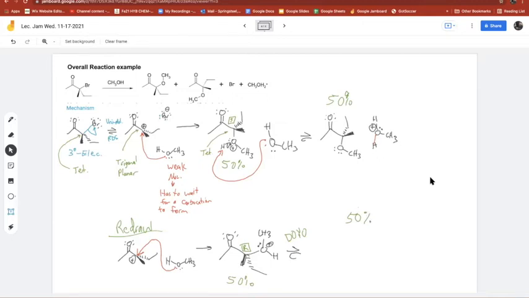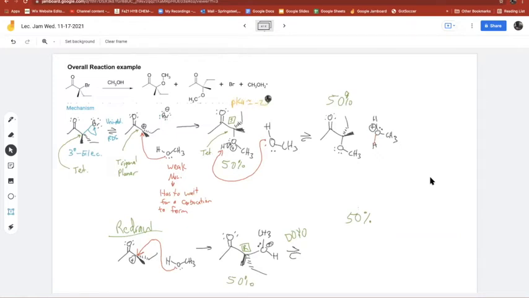This last step too, is this product favored or reactant favored or what's going on here? Let's check it out. So the reactant side acid has a pKa of about -2.